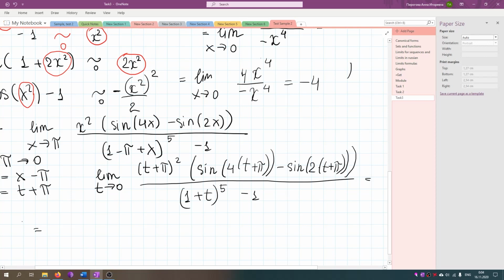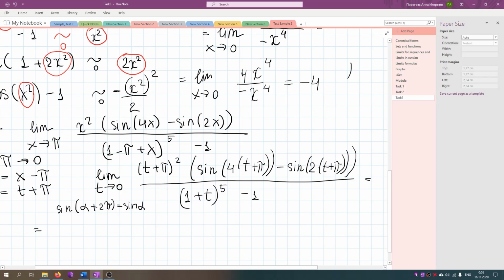So we know that function sine is 2 pi periodic. This means that sine of alpha plus 2 pi is equal to sine alpha. And this means if we open the brackets here, we will get 4 pi, and here we will get 2 pi.